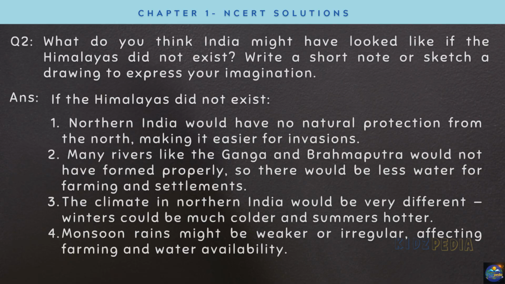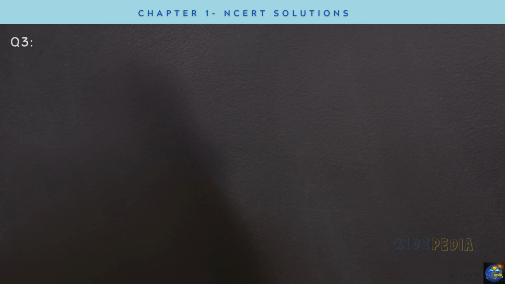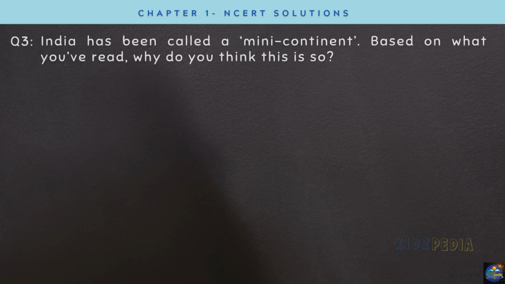Winters would be much colder and summers hotter. Monsoon rains might be weaker or irregular, affecting farming and water availability. Overall, India would have been less fertile, less protected, and the lives of people, farming and settlements would have been very different.